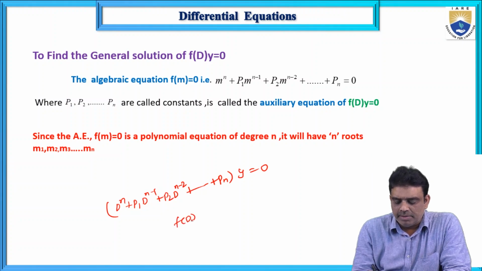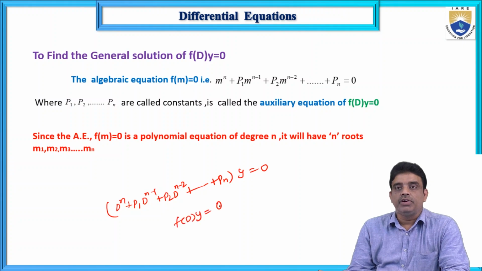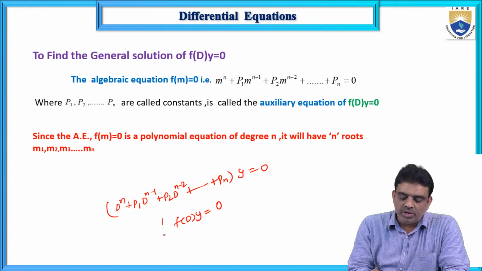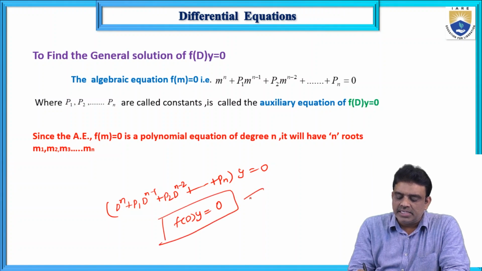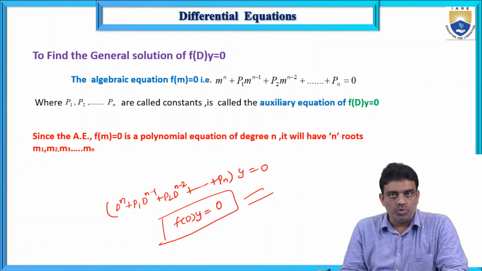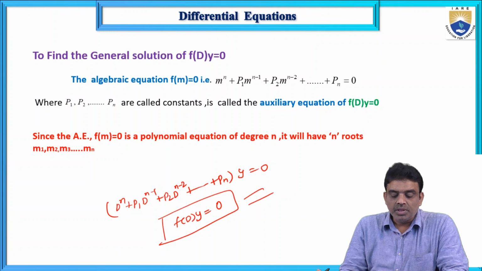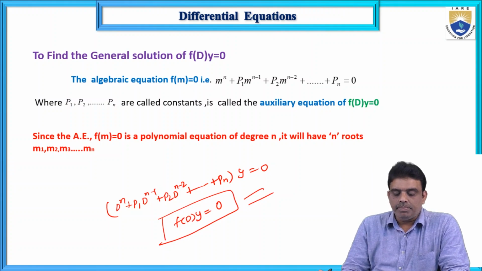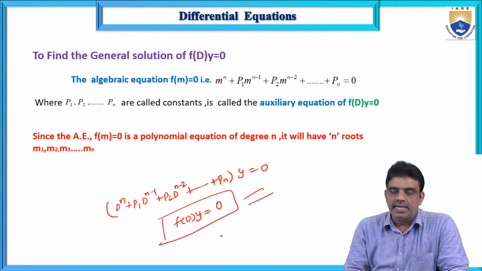Or we can write the same thing as f of D of y is equal to 0. So I would like to find the solution of these types of equations. If the right hand side is 0, how to write the solution of this equation? How to write the general solution? So to solve these equations, I'm going to write first the auxiliary equation.